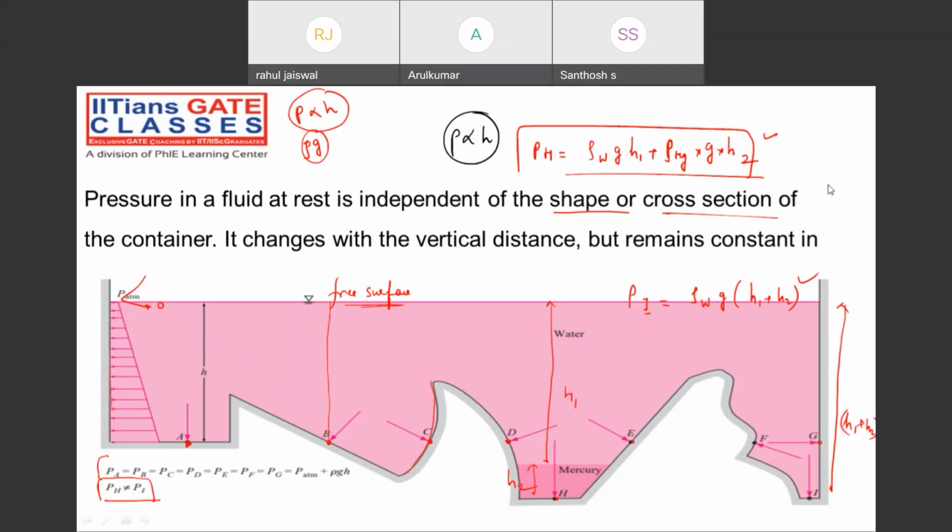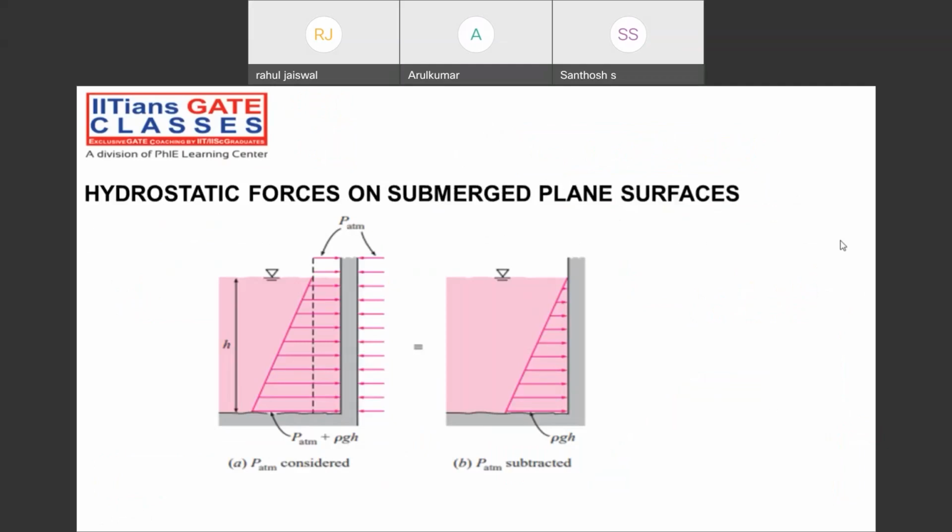Is it done? All of you have noted down? Okay. Just note down the last topic: hydrostatic forces on a submerged plane surface.